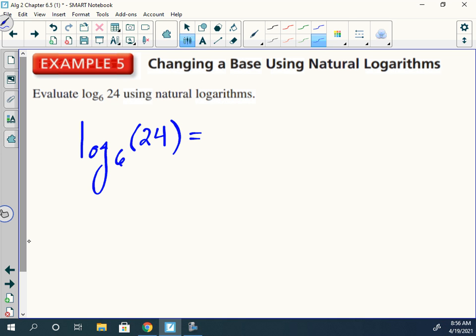Let's do one more because I feel like y'all are getting the hang of these. You like these change of base problems, yes? Hopefully y'all won't miss a single one on the test. So this would be log of 24 over log of the base.